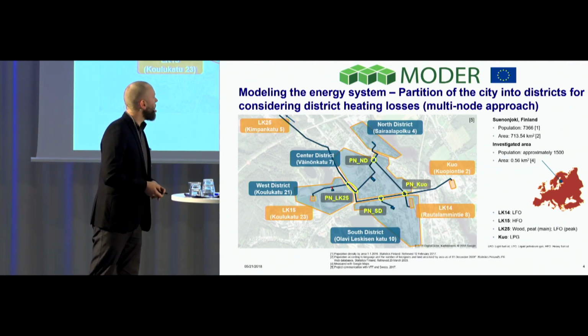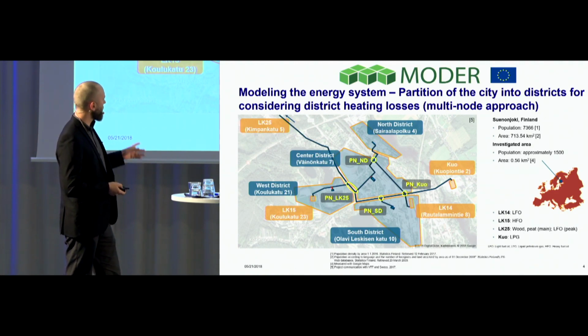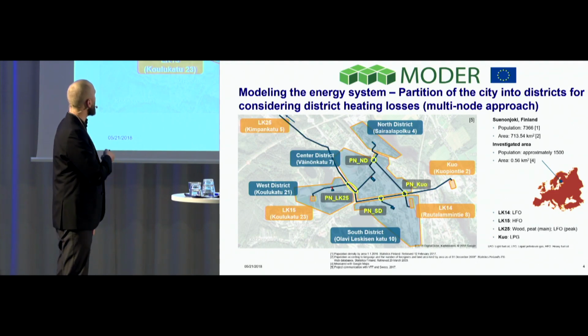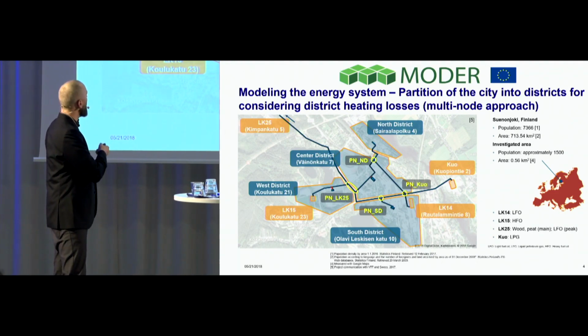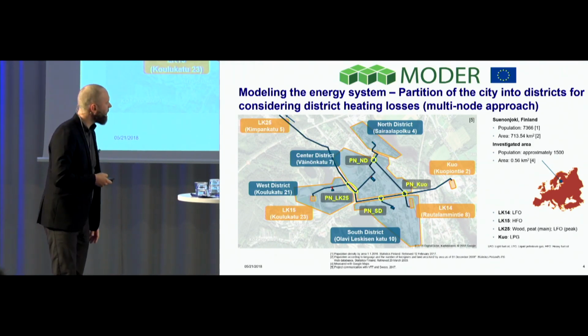It was not the whole Suonenjoki, it was only the center of Suonenjoki. So the main production facility is somewhere outside of the picture, and then we have peak support facilities here.